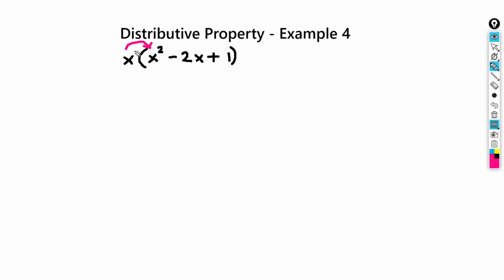Keep in mind that this is like x to the first power. So when we multiply two exponents with the same base, so these both have the base x, we add the exponents. So this is going to be x cubed. And then, again, this is like a 1 here. So we're going to do x times minus 2x, so x to the first times minus 2x to the first, that's going to give us a minus 2x squared.